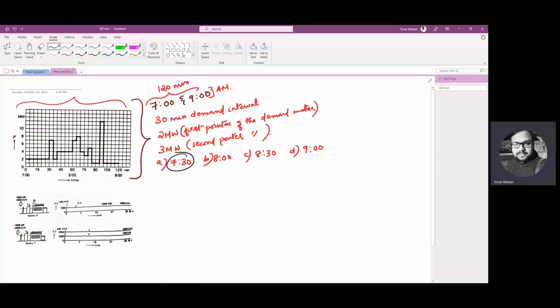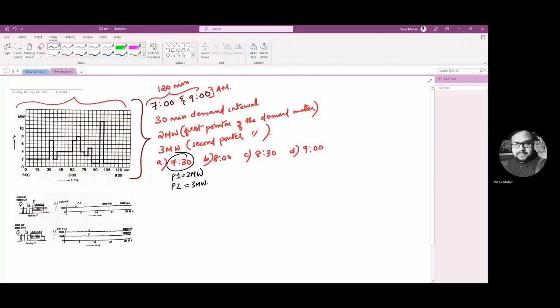So pointer 1 continues to indicate 2 megawatts; P1 would be 2 megawatts at 7:30. And what about pointer 2? It stays where it was, at 3 megawatts, because it has not seen a higher demand. So P2 would be equal to 3 megawatts.